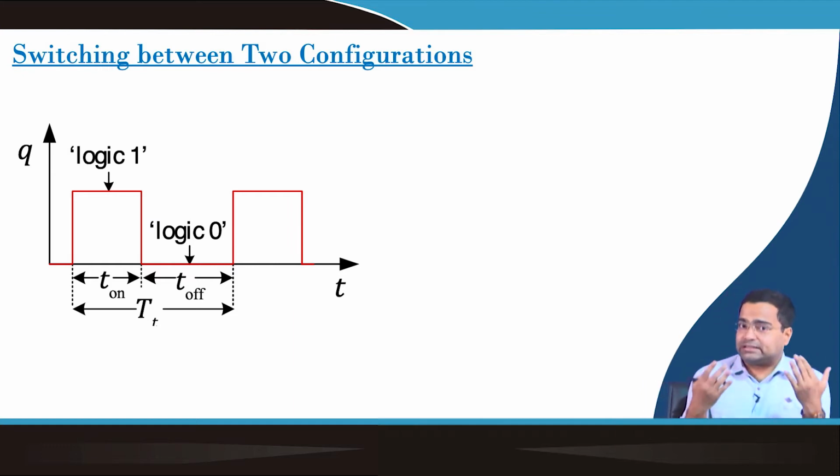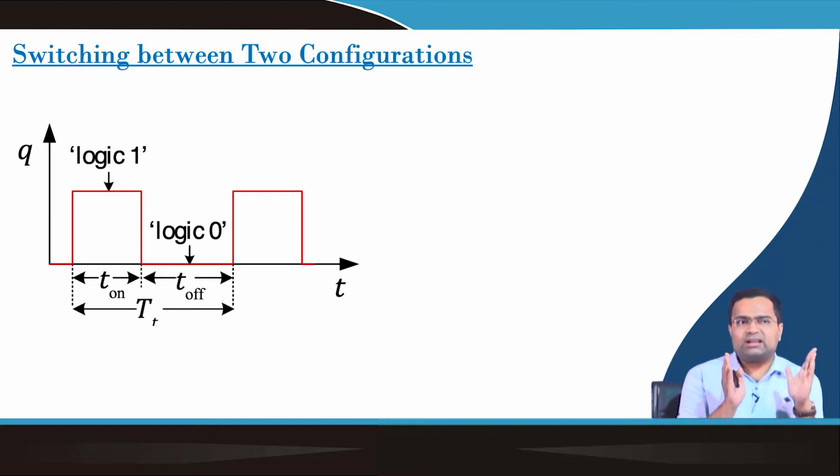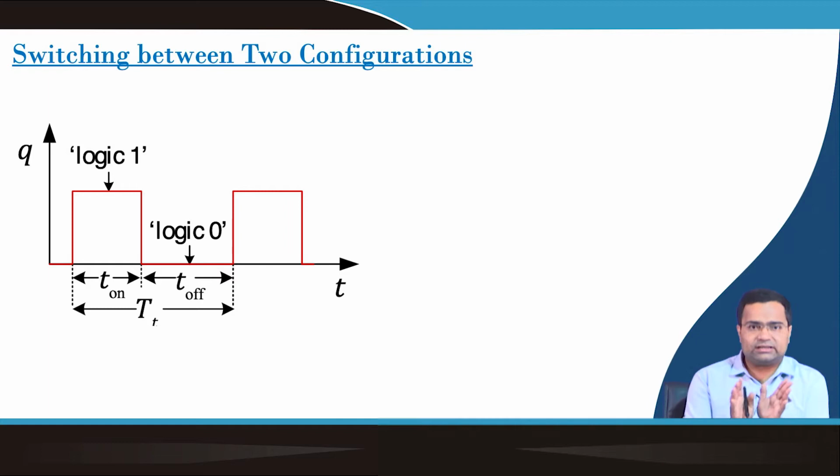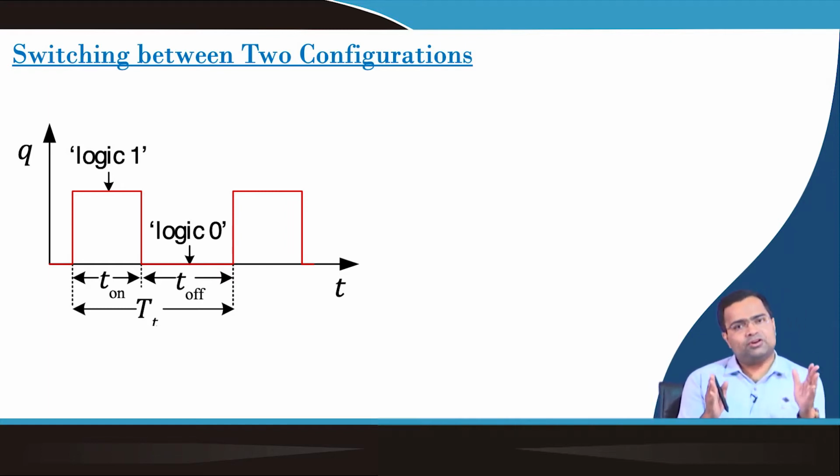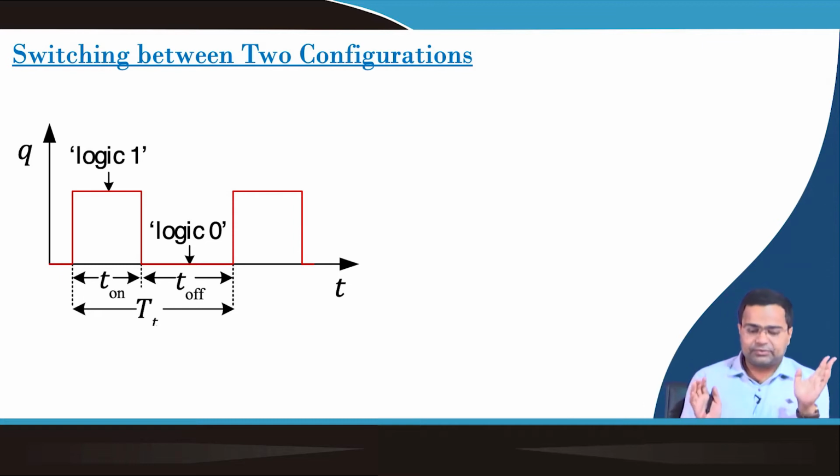Because we are going to discuss in subsequent classes that it is not necessary for the total time period to be constant, as there are different modulation techniques. In one case we can keep the time period constant. Under that condition, if we vary the on time, then the off time will be automatically adjusted from the total time.